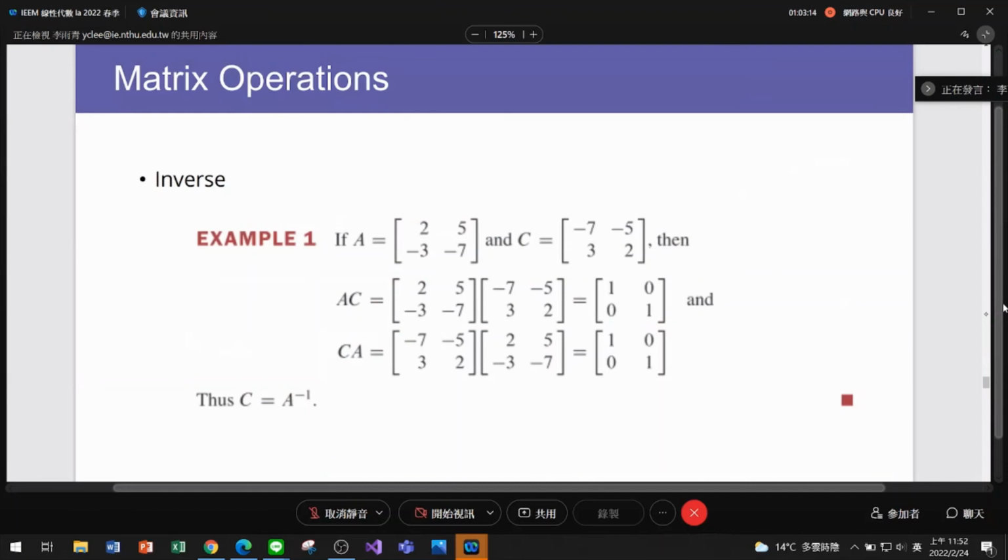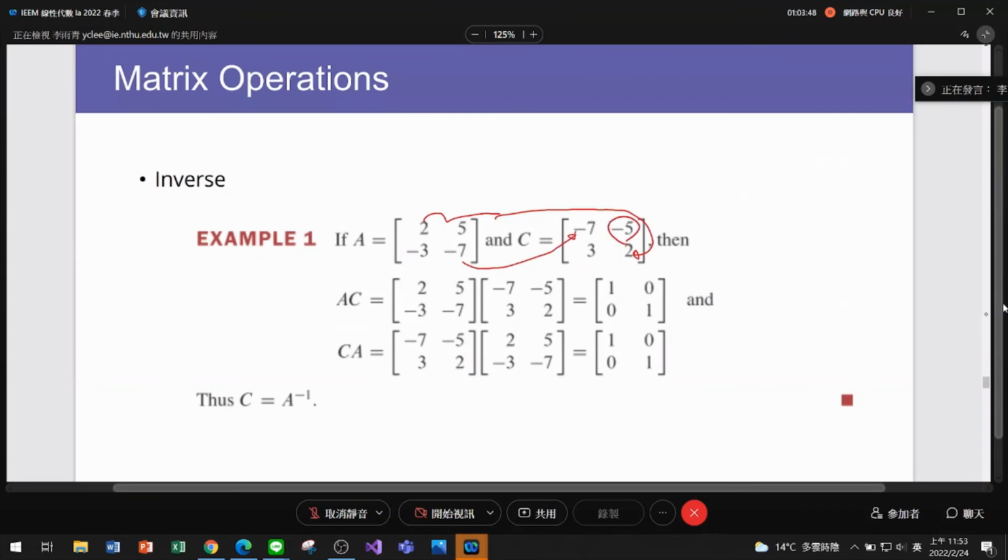So this is a small example to verify that C is the inverse of A. The inverse of A is C. How do we obtain such a C? 2 becomes the value right here, and -7 becomes the value right here.